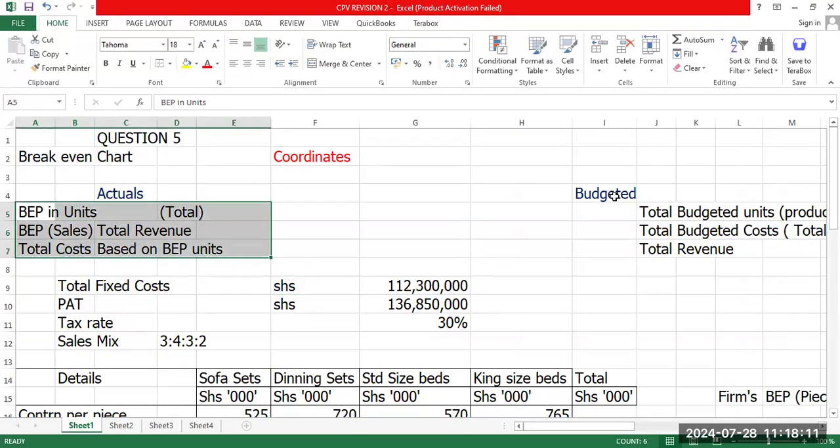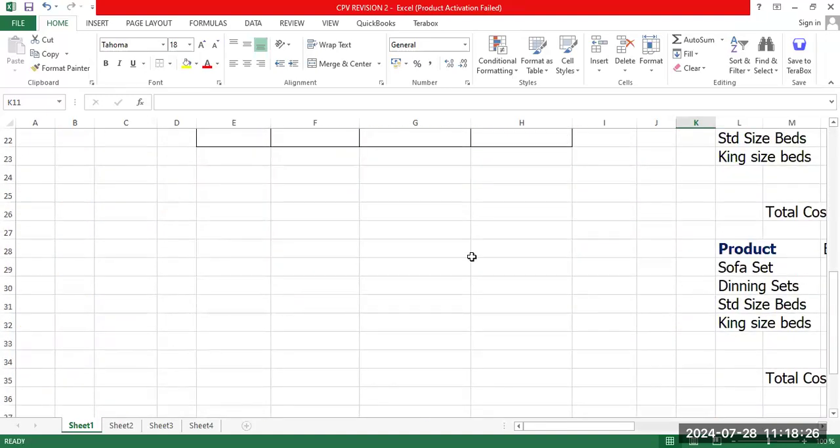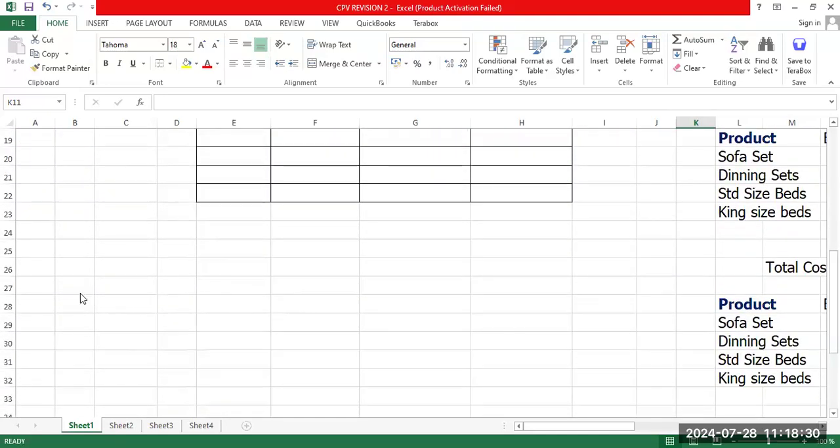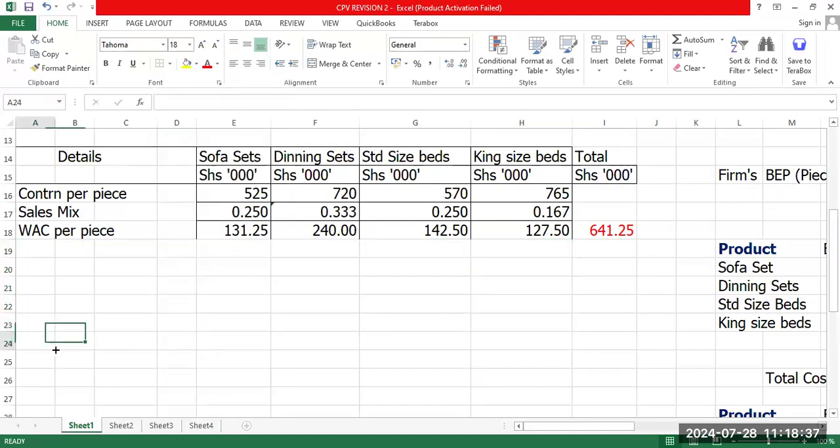So we need also this. But we can just use the table, automatic table, to get this. So the next working is to look at budgeted level.